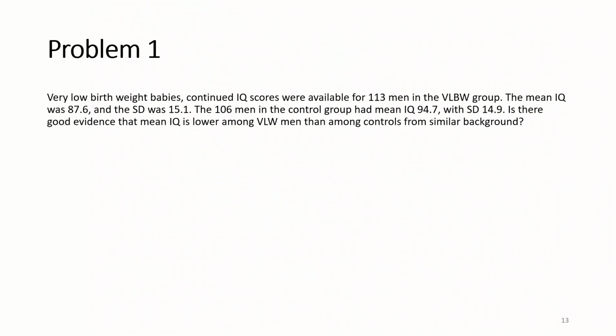The mean IQ was 87.6 and the standard deviation was 15.1. 106 men in the control group had a mean IQ of 94.7 with standard deviation 14.9. Is there good evidence that mean IQ is lower among very low birth weight babies than among controls from similar background? So this is a z-test question.